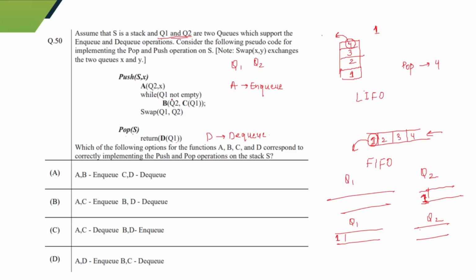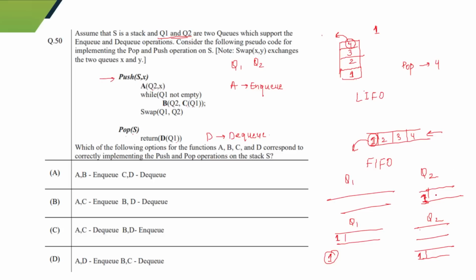But now I have to define what B and C would be. Right now Q1 is not empty. So what would I do? I'll take C of Q1. They are taking one element out of this Q1. If I insert this element in Q2 and swap Q1 and Q2, that means I am running the push operation again.